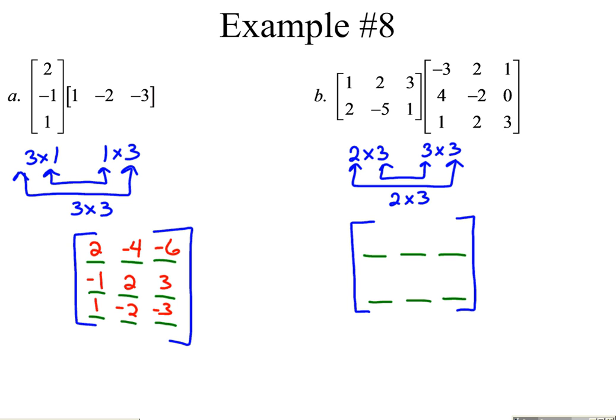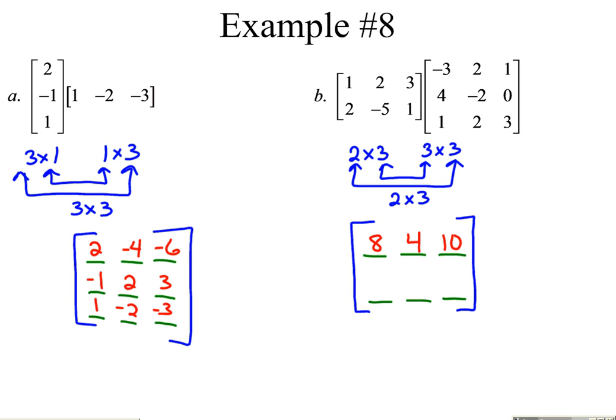Row 1, column 1, negative 3, plus 4, plus 3. I'm sorry, negative 3 plus 8 plus 3 is 8. Row 1, column 2, 2, minus 4, plus 6. Row 1, column 3, 1, plus 0, plus 3 is 10.